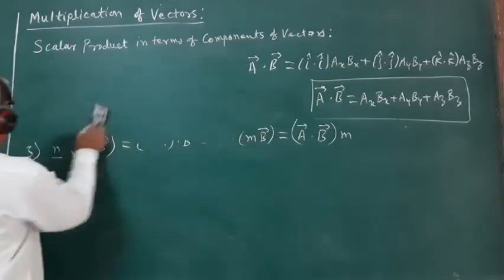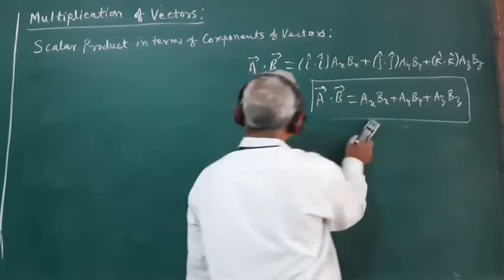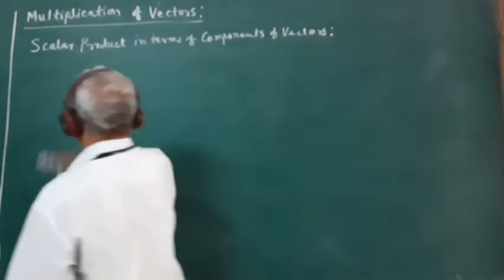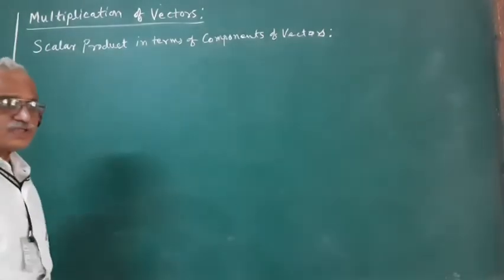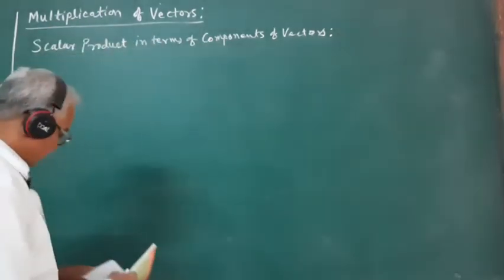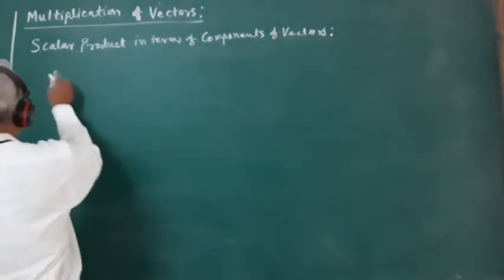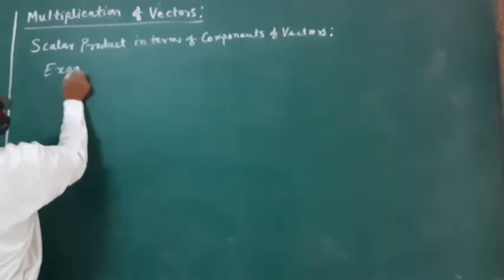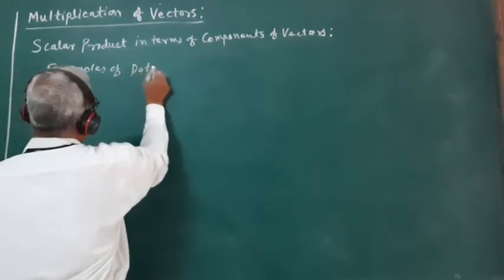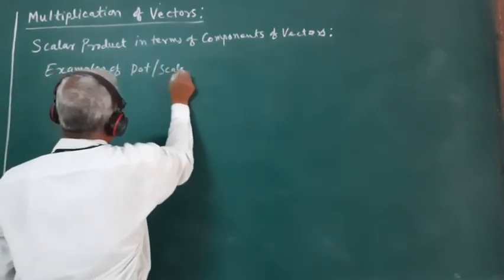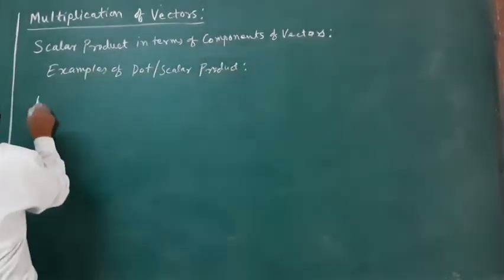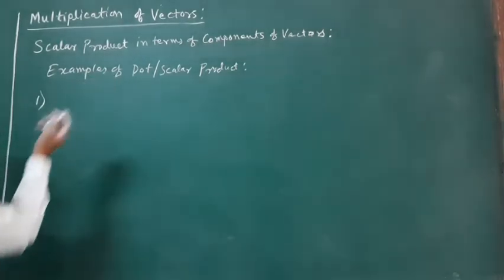In what situations does the multiplication of the two vectors result in a scalar quantity? The first example is the work done.